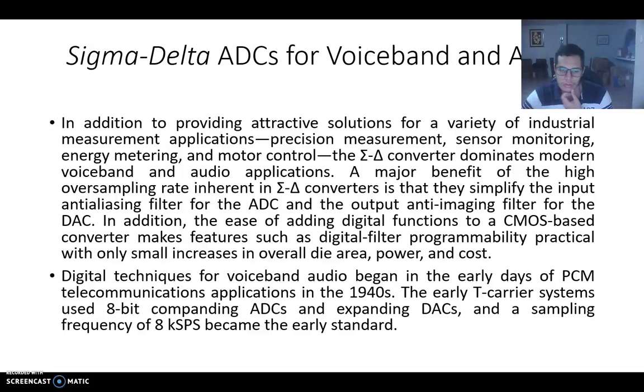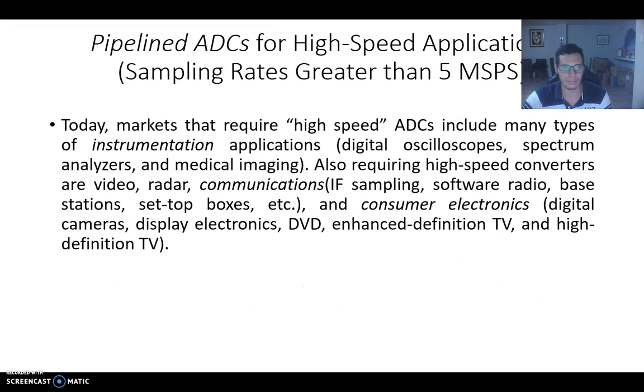In addition, the ease of adding digital functions to a CMOS-based converter makes features such as programmable digital filters practical with only small increases in overall die area, power, and costs.